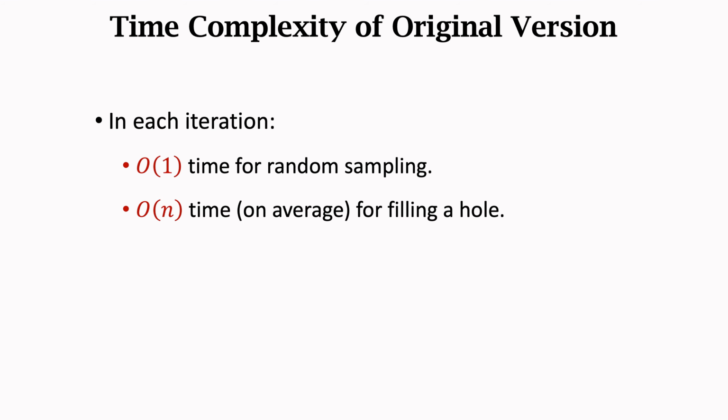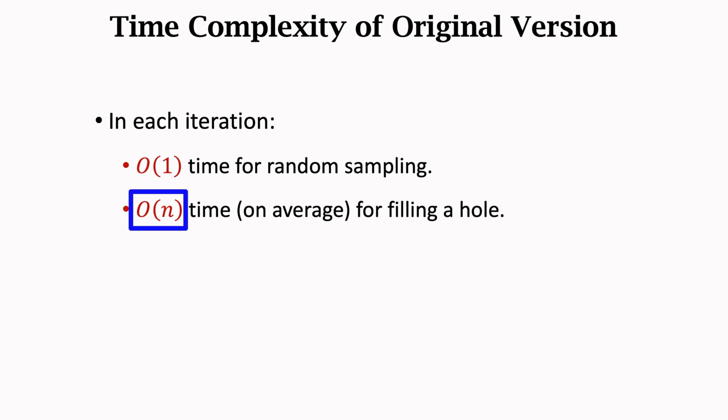Let's analyze the time complexity. The time complexity of generating a random integer is negligible. It's almost a constant time complexity. However, after the sampling, there is a vacant entry in the original array. We need to move the elements on the right side a step left. On average, we need to move half of the elements in the array. This costs O(n) time on average.